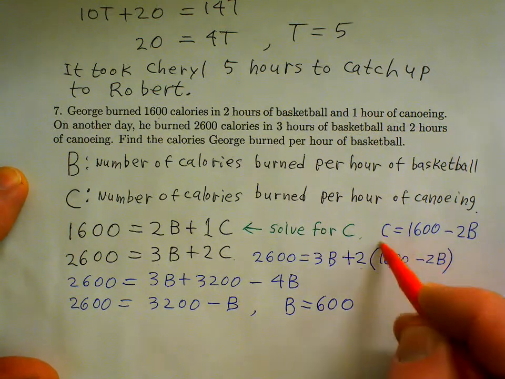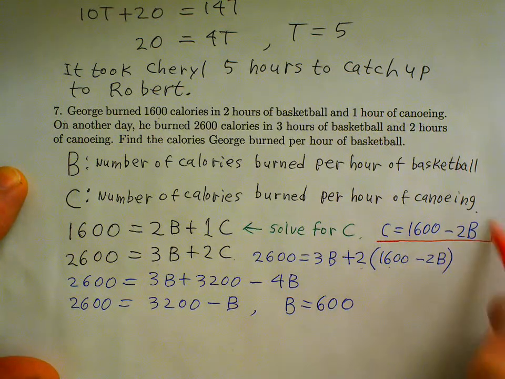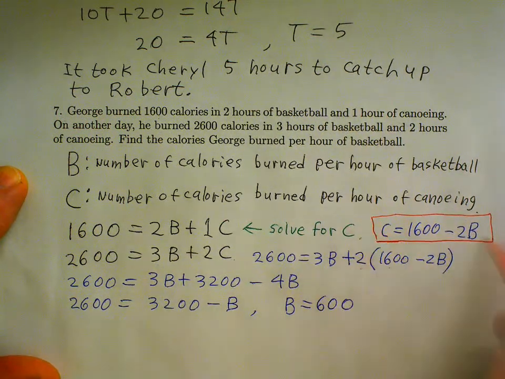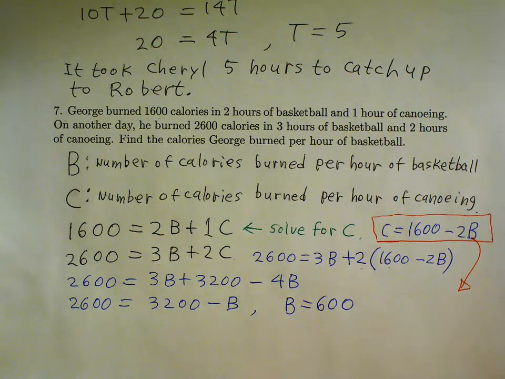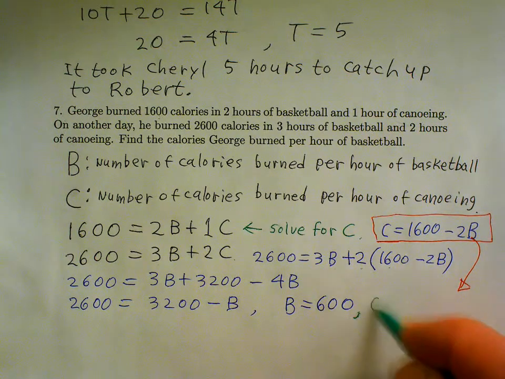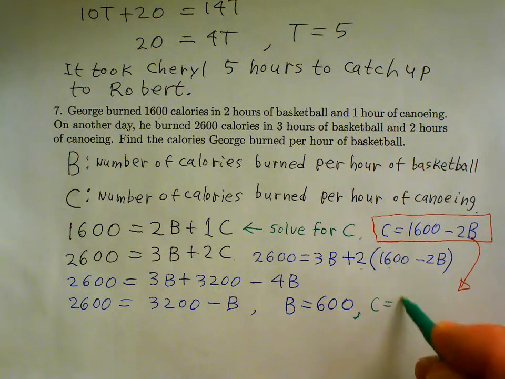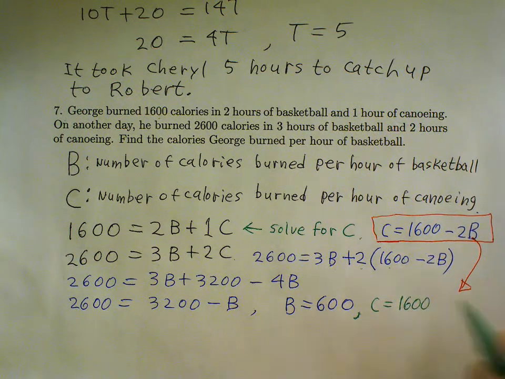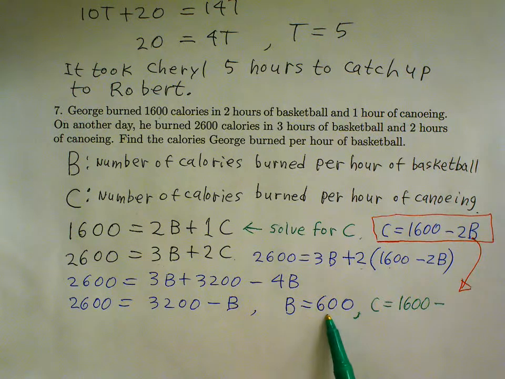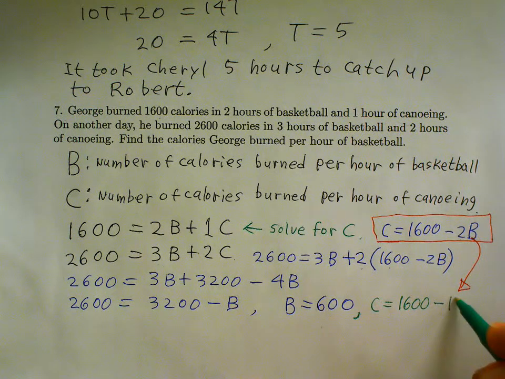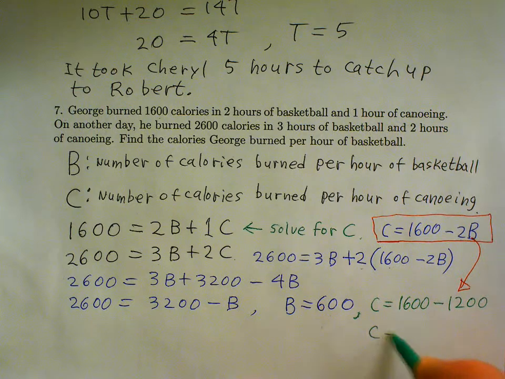And then to determine the value of C, we can use this equation and substitution. So C is equal to 1600 minus 2 times B, which is 2 times 600 or 1200. And that simplifies to 400.